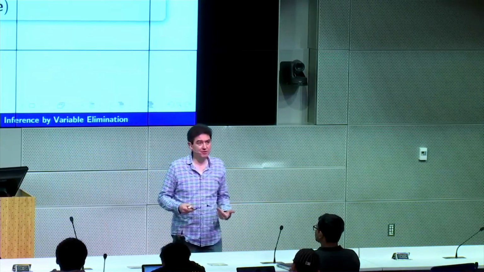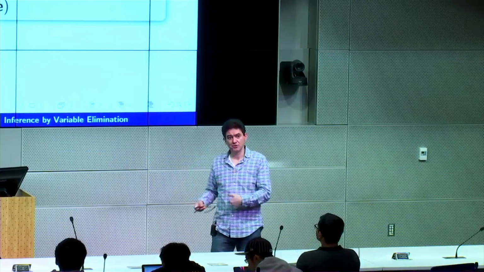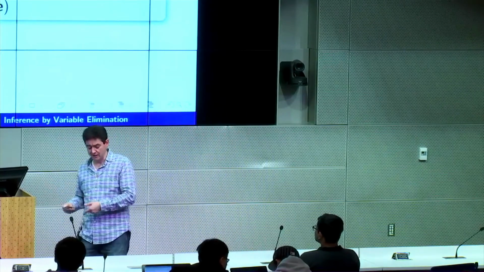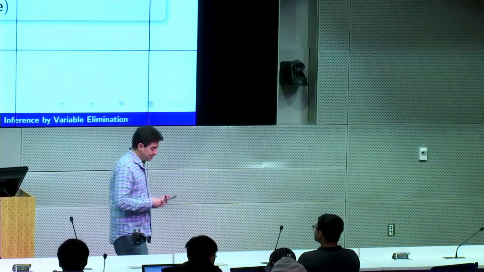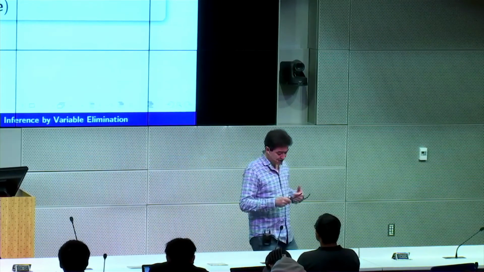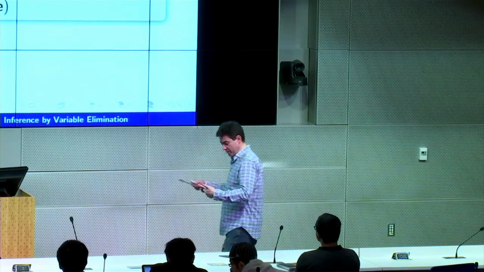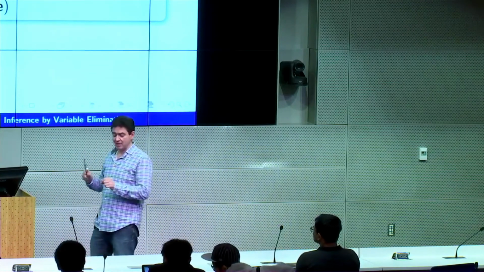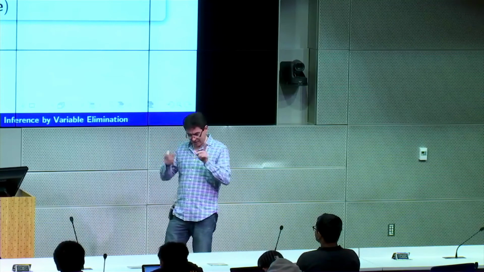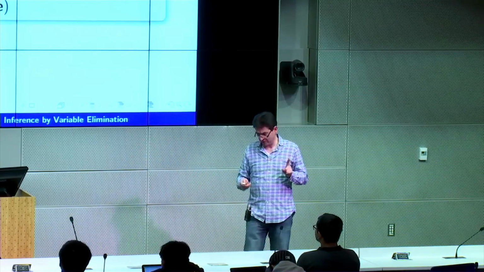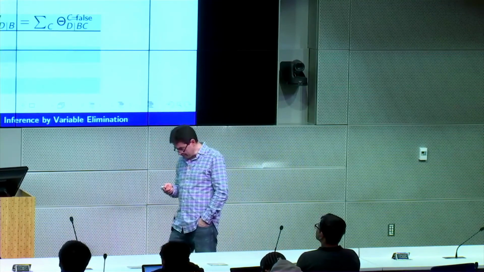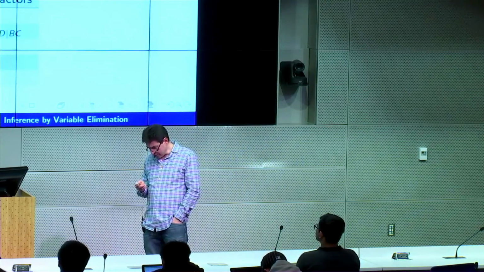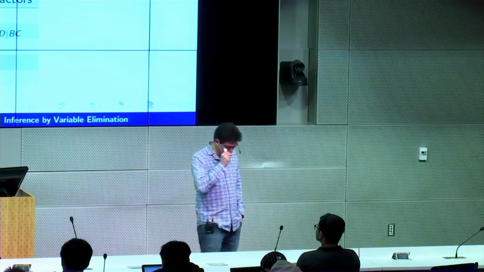In fact, that name was given by Rina Dechter, who was one of the main people together with David Poole. Rina Dechter is at Irvine, David Poole at the University of British Columbia. They did most of the work on variable elimination as we discussed it in the 90s. So the variation I'm going to mention is called bucket elimination. Again, a couple of slides, but important. These are all examples in your book. Okay, let me just mention what bucket elimination is.